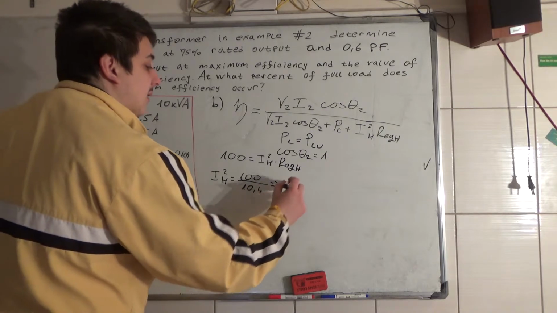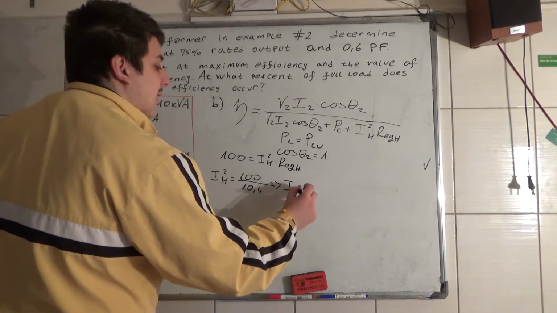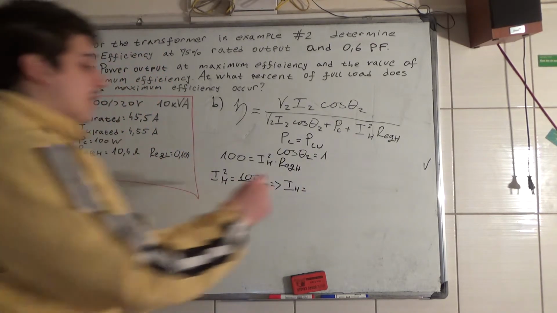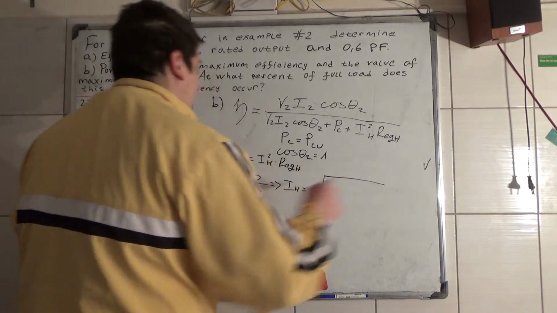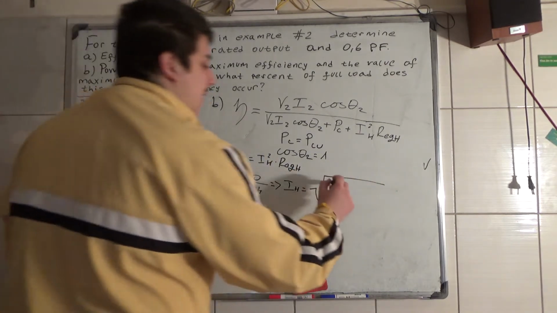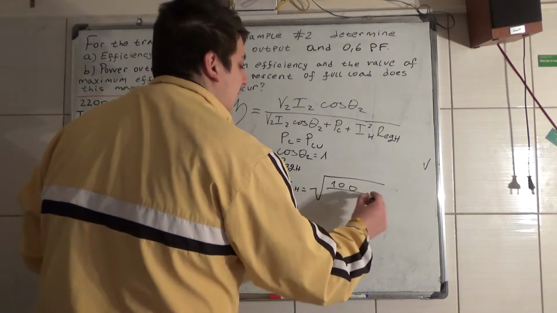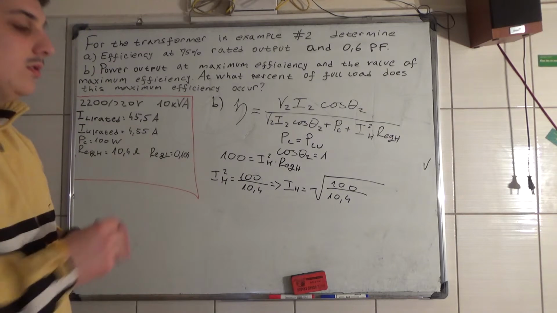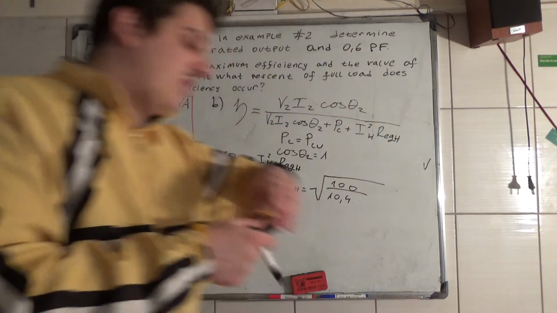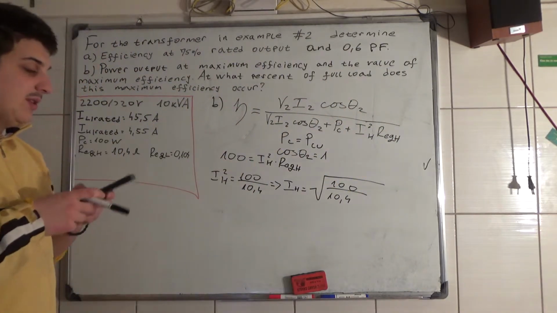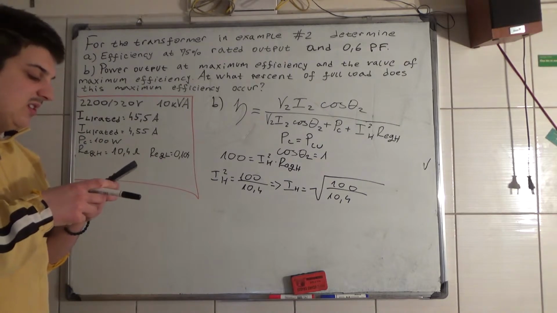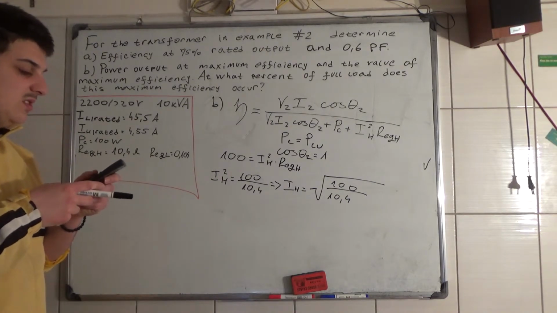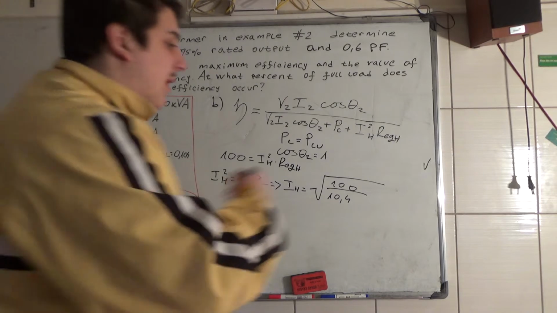Now you get that the current from the high side is equal to the square root of 100 divided by 10.4. So that is equal to 3.1 amperes.